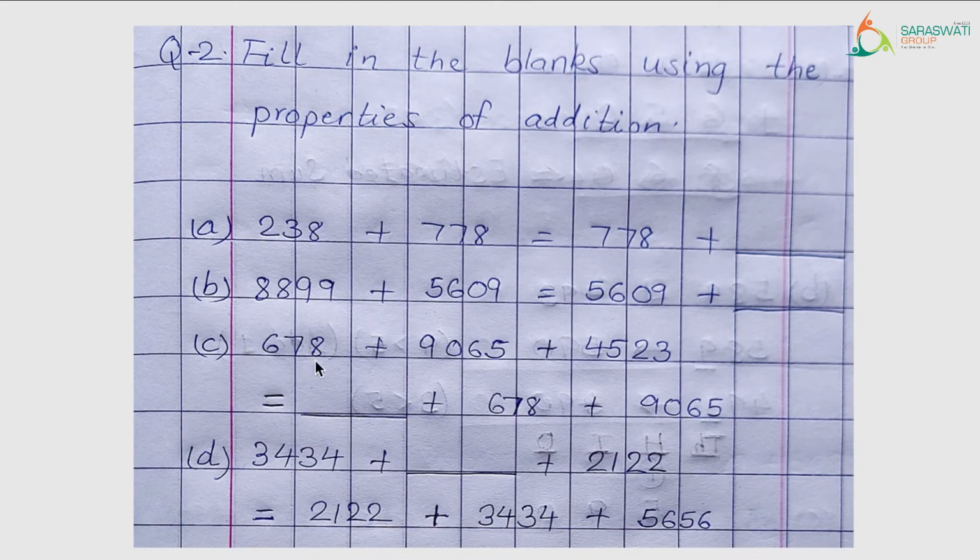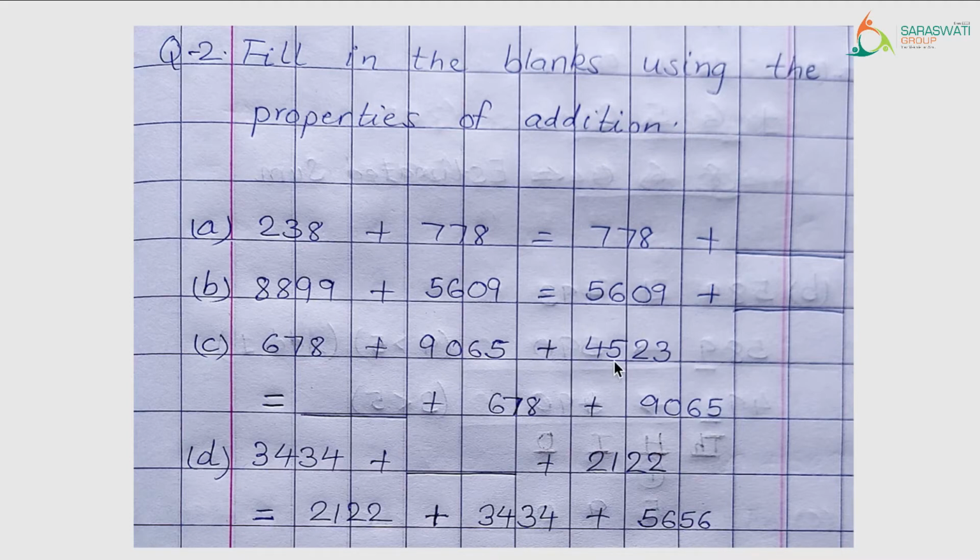Over here we have 678 and 9065, right? Now students, addition means combining of all the numbers. So students, which number will come over here in this blank? जो यहाँ पे मिसिंग है वो कौन सा नंबर है? जो लेफ्ट हैंड साइड ऑफ द इक्वल टू साइन यहाँ पे है, राइट?